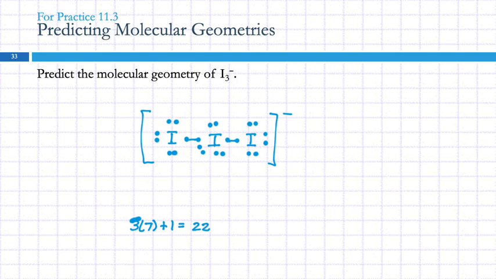Okay, so 5 groups, what's the electron geometry? Trigonal bipyramid. So 5 groups, trigonal bipyramid. And then we've got lone pairs.